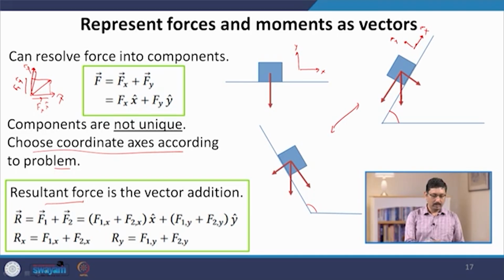For example, if you have two forces F1 and F2 acting on the system, you can resolve each of them into Cartesian components along the x axis and y axis, and then the components of the resulting force can be found by the vector law of addition as shown in this particular formula. So, these are handy tools that will be very useful when we come to problem solving.